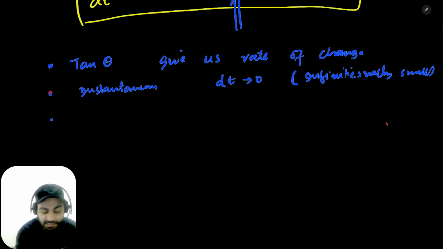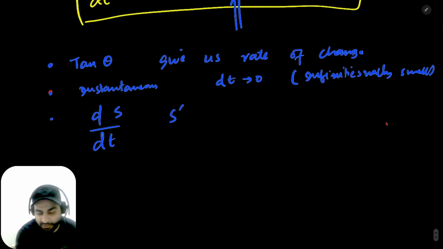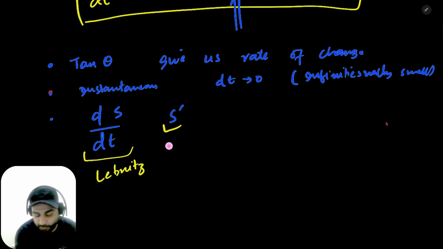Then I said this is written with symbols like ds by dt, and sometimes you will find it as s dash only. I think these are the notations introduced by Leibniz, and these are the notations introduced by Newton, if I'm not wrong. So Newton used these dashes, or it can be the other way around. But these are two people who tackled the problem and independently discovered this, and they used different symbols, but the underlying concept is basically similar.